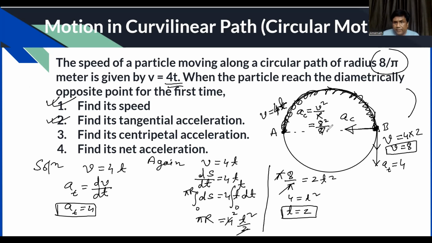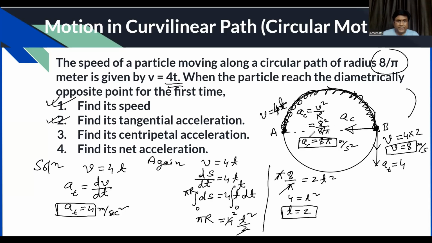Radius is 8 by pi. If you solve it, it is going to be 8 into pi. So centripetal acceleration will be 8 pi meter per second square. SI unit: this will be meter per second, this will be meter per second square, this will also be meter per second square.